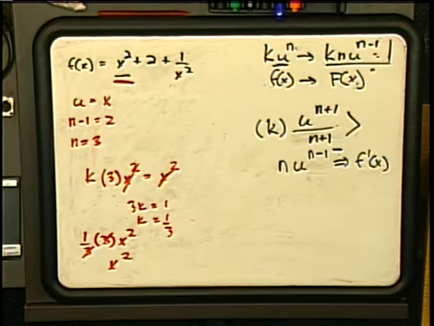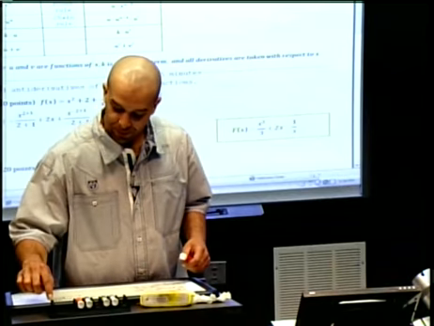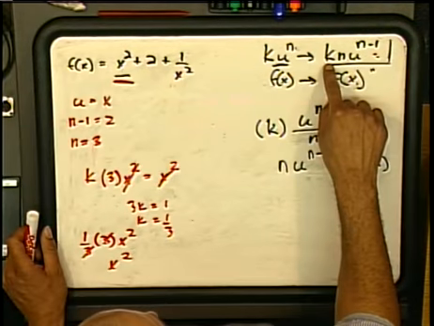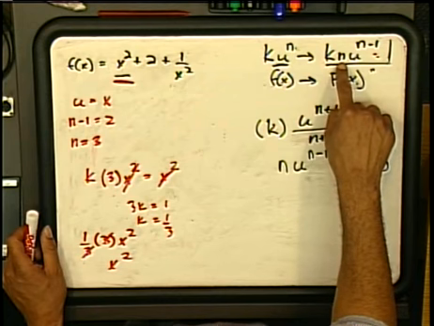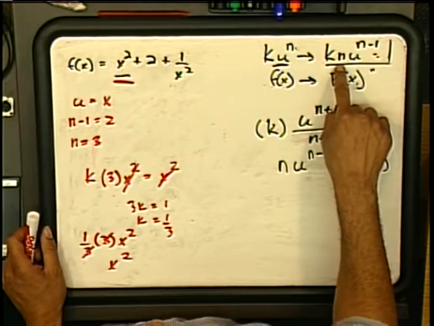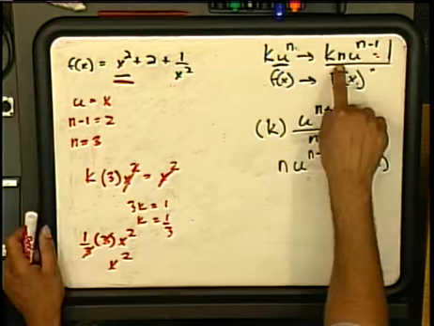Okay. You see what I did wrong the last time? I had to go back, but I didn't bring that in. I did ku to the n minus 1, and then I left the n out when I was rewriting it. You left the n out. Uh-huh. Okay.